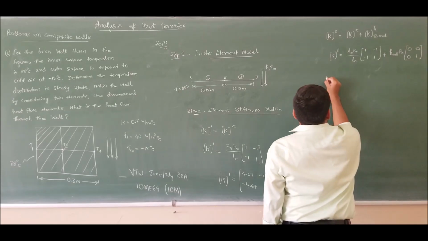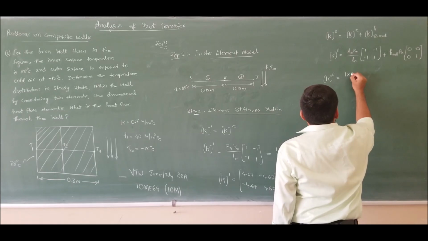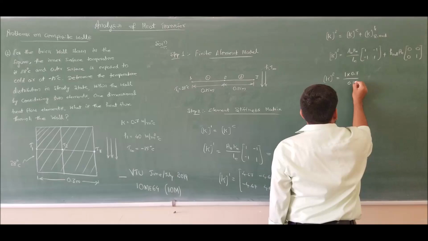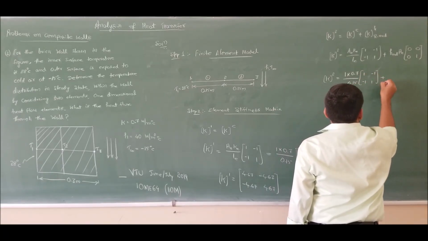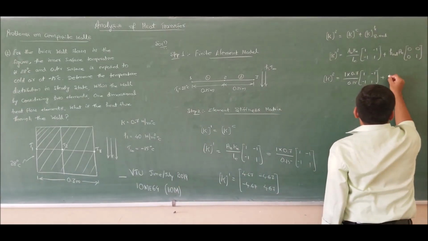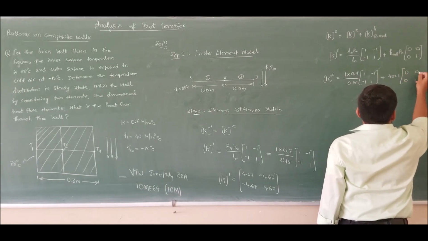If I substitute the values and simplify, the cross sectional area is unity, thermal conductivity is 0.7 for both the elements, the length of the element is 0.15, 1 minus 1 minus 1 1 plus the convective transfer coefficient 40, cross sectional area unity, 0 0 0 1.